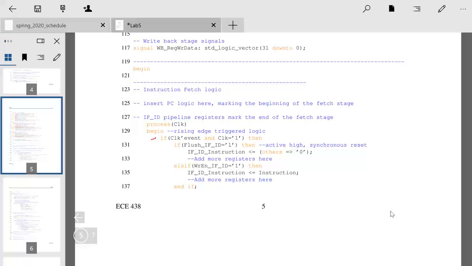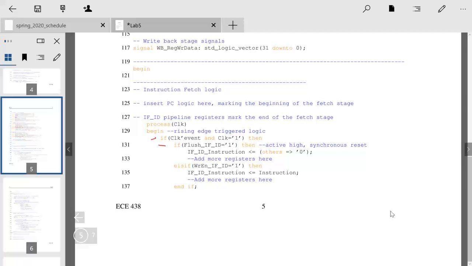So, what's interesting about this particular pipeline register is, remember our discussion with the pipeline control unit, we needed the ability to flush a particular instruction that's in this pipeline register. That's what line 131 does.